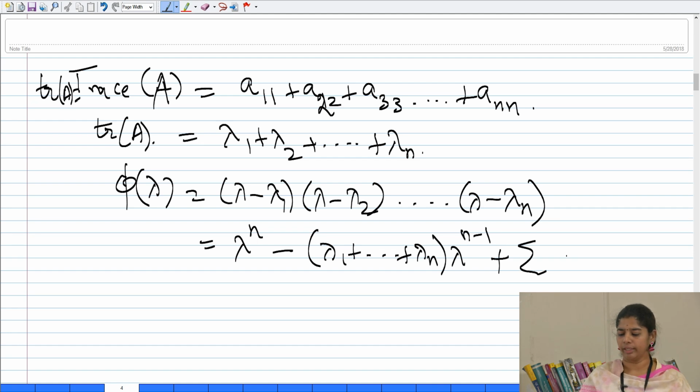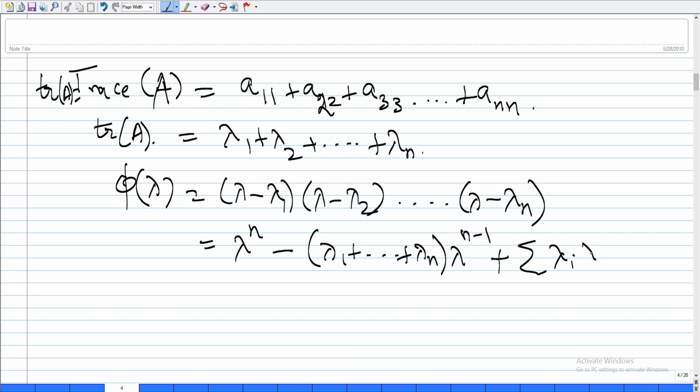So it would be something like sigma lambda i lambda j, i not equal to j. Do I need i not equal to j? Yes, and so on, right?